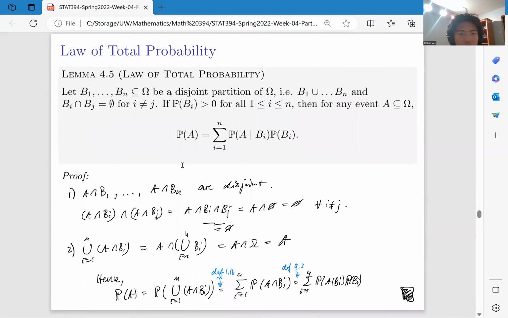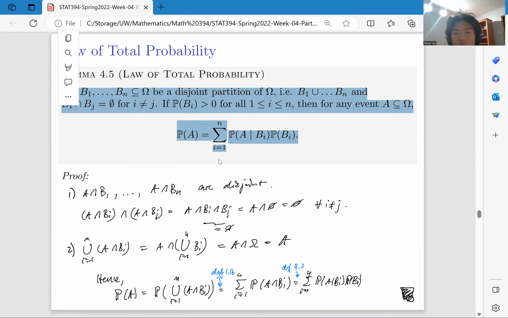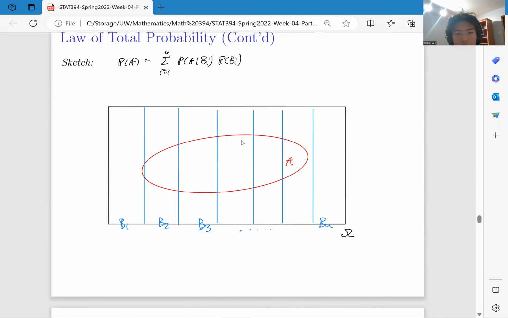And I want to introduce the law of total probability. This is central in the introduction to probability course. This formula can be hard to understand, but just think about this graph: B1, B2, B3, the sample space is divided into n different separate sets, and A here is an event that lies in several of the cases.